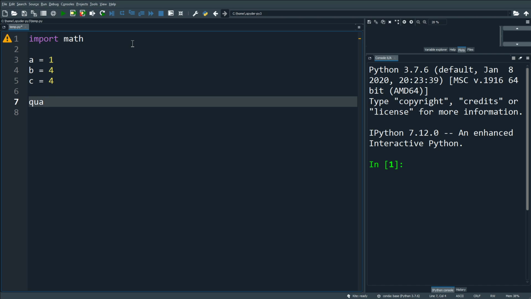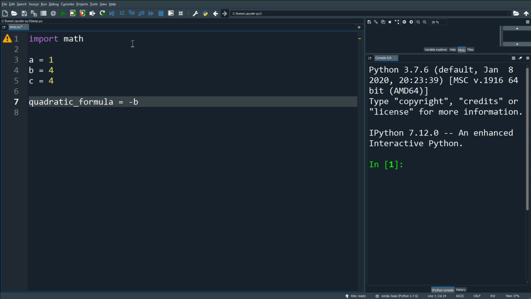Now I want to create my quadratic formula variable. I could have really called this X, because that's what you solve for when you use quadratic formula, your X, your roots, but whatever. Alright, so how does quadratic formula go? It goes like this. Negative B plus or minus.